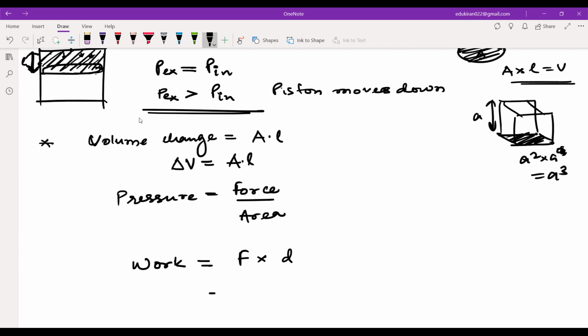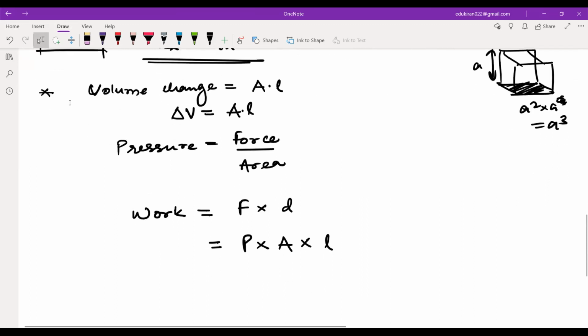And what is force? Force will be equal to pressure into area. And what is the displacement? The length L, correct? Now this will be equal to P times delta V. This will be work.